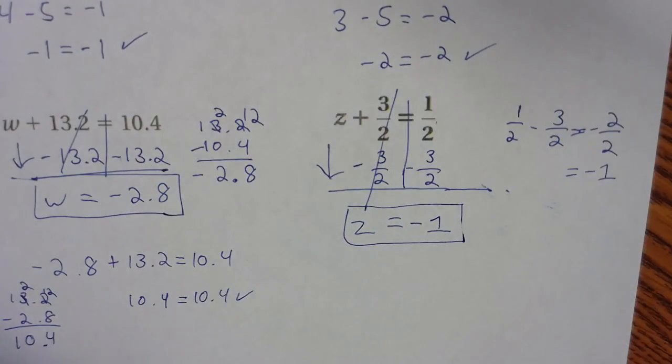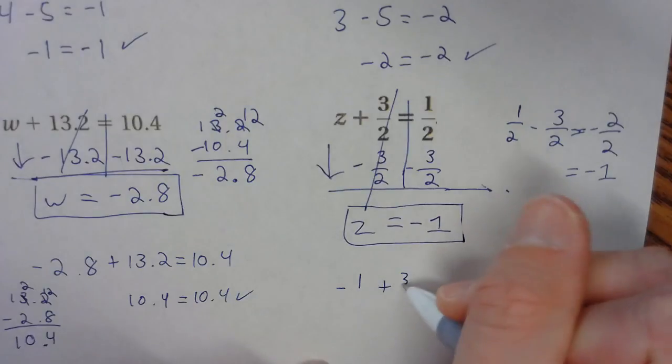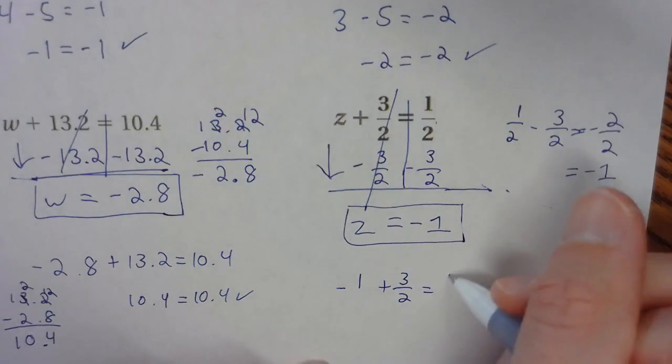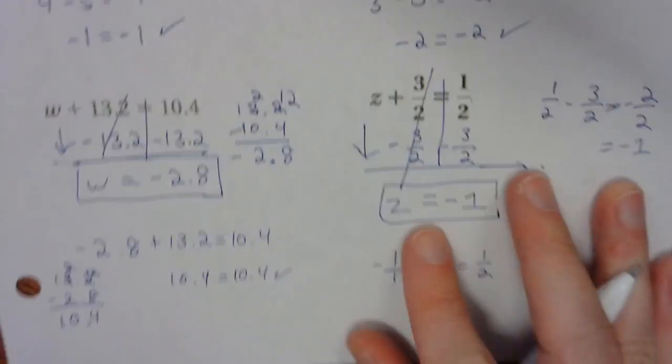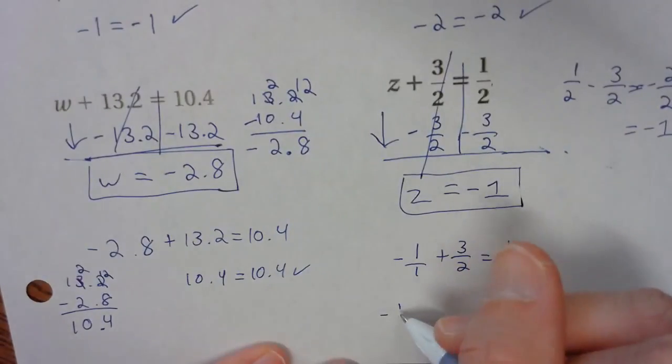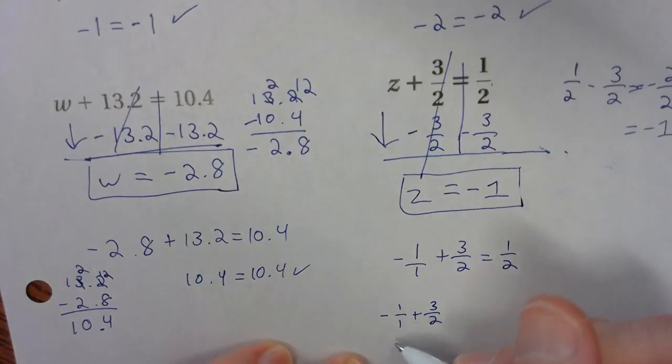Last thing we have to do is check. So I have negative 1 plus 3/2. Okay, so I'm going to put 1 over 1. So over here I have negative 1 plus 3/2. I need common denominators.